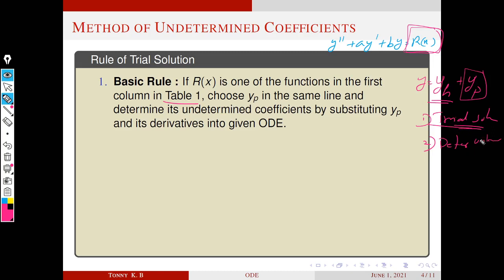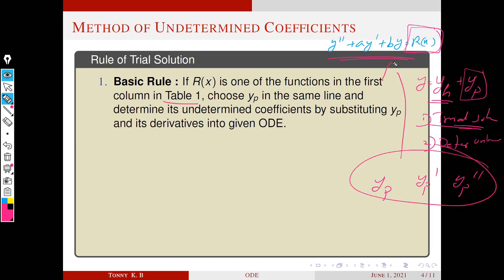Next, we find these unknown numbers using the given ODE. Suppose yp is the trial solution, then we find yp' and yp'' and substitute all these in the given ODE, then equate left and right sides and solve for the unknowns in yp. That's the algorithm.